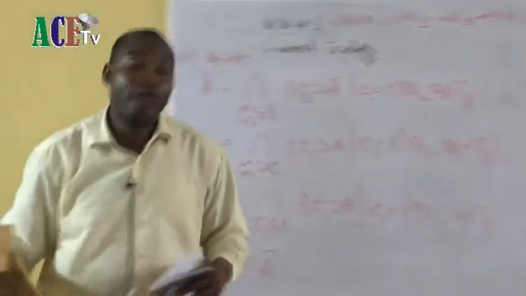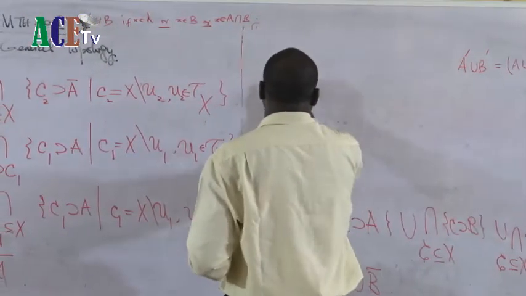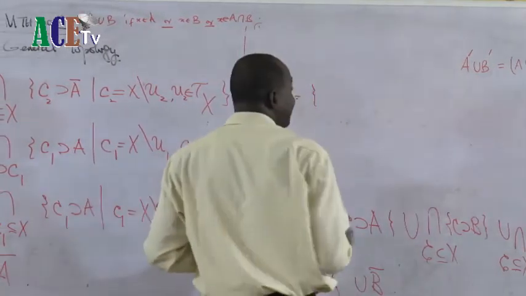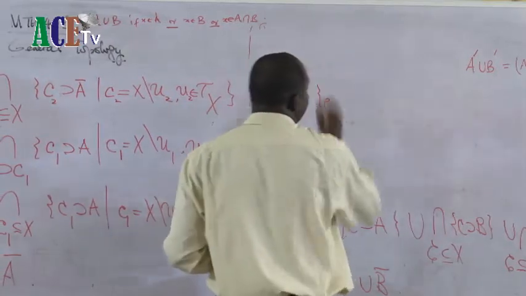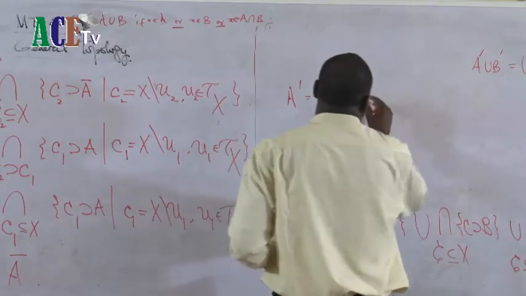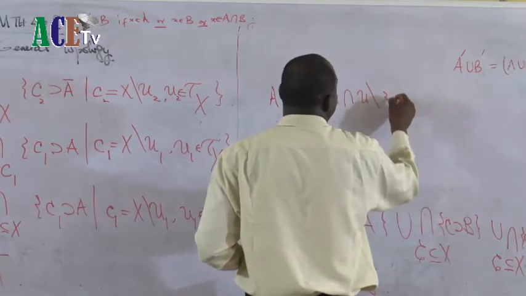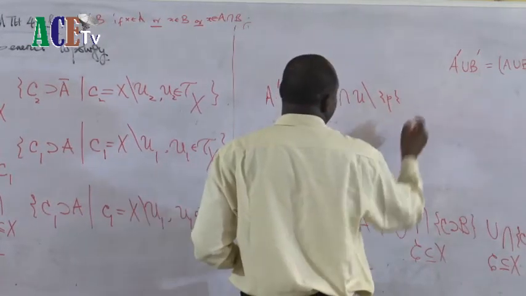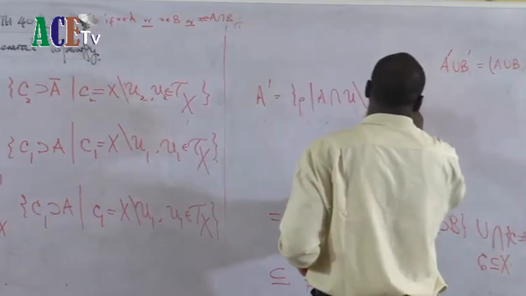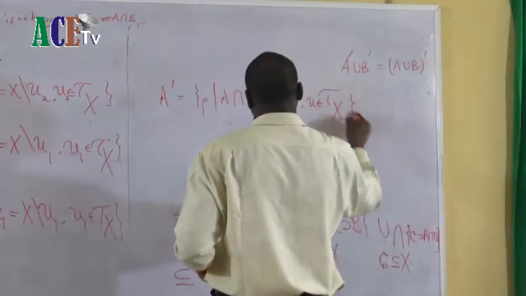You agree with me that when we talk about A prime, you've been told that this is simply a set containing limit points, such that this is A intersect U, take away singleton P, where U is an open set.